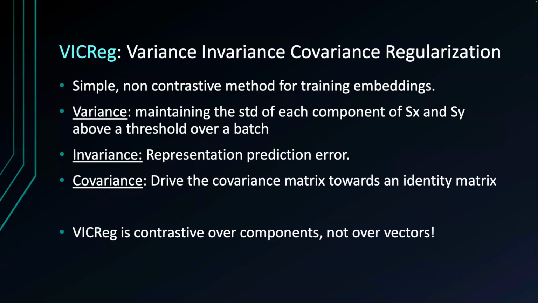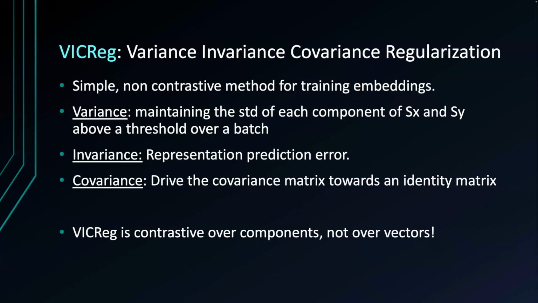You're ensuring that the representations of different points are different and have some kind of difference. It leads to not collapsing to a single energy point, because if everything were to collapse to a single thing, the standard deviation would be zero, right? So you want the standard deviation of the representations to be above a certain threshold. That is what they mean by variance.